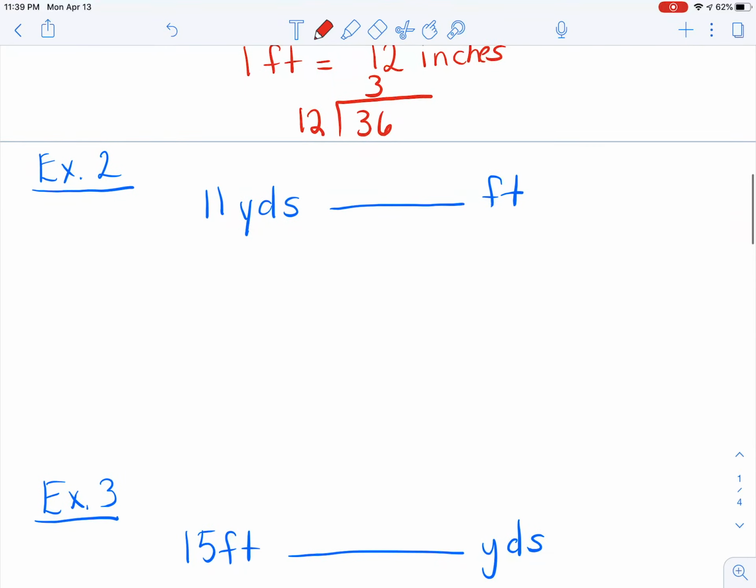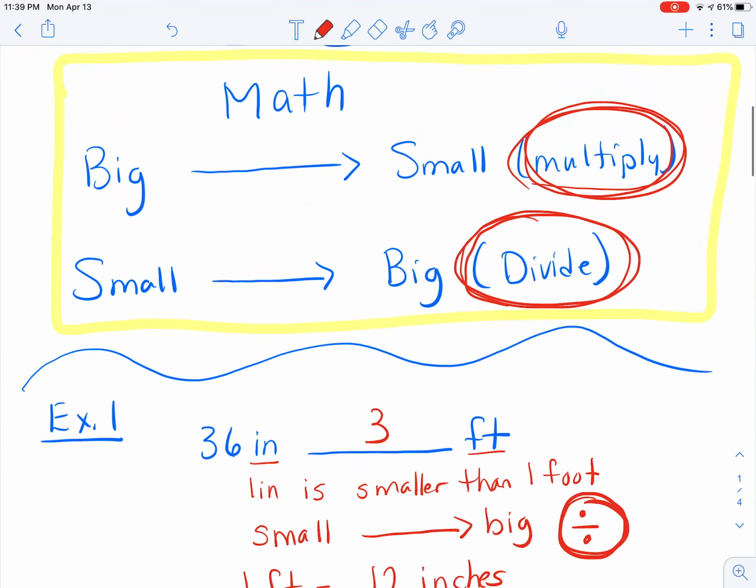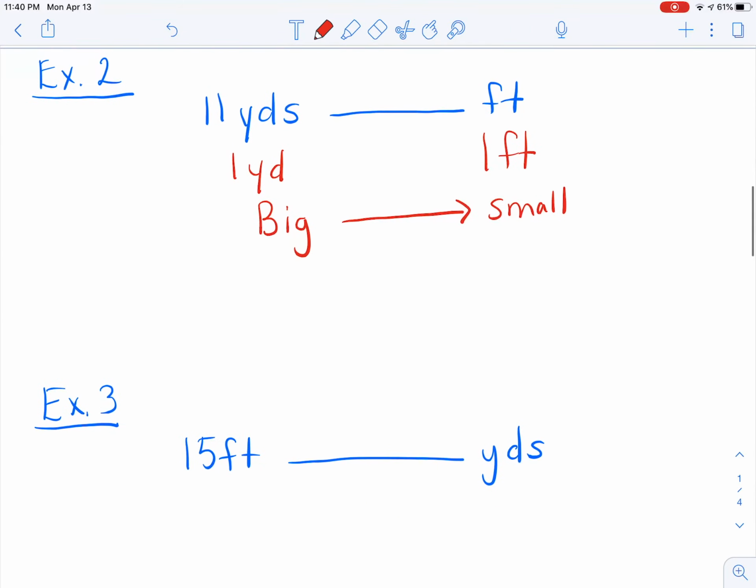Okay, example 2. 11 yards equals how many feet? Well, if I'm comparing 1 yard to 1 foot, a yard is bigger than a foot, so I'm going big to small. And remember up here, I talked about when you went from big to small, the math operation is multiply. So I'm going to put a little star there because that's going to help me remember I need to multiply.